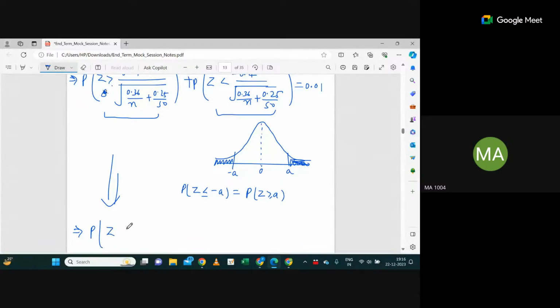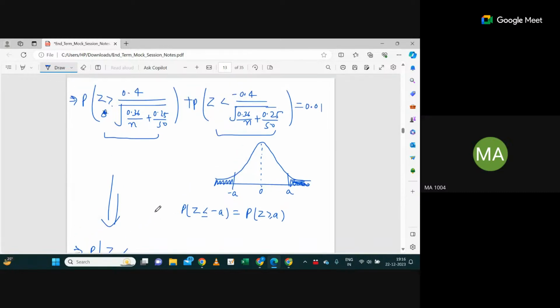Then I will say probability Z less than, and I can write the equal sign or not, because it's a continuous random variable. In the case of continuous variables, equality doesn't matter, because the probability at a single point is 0.